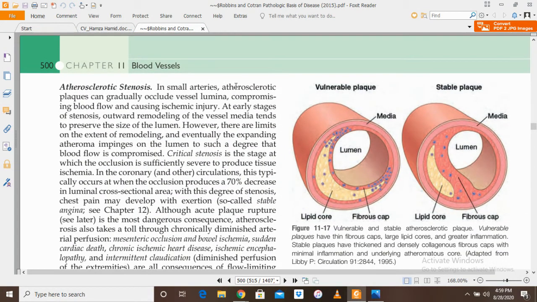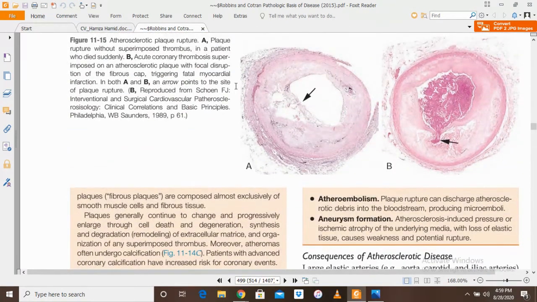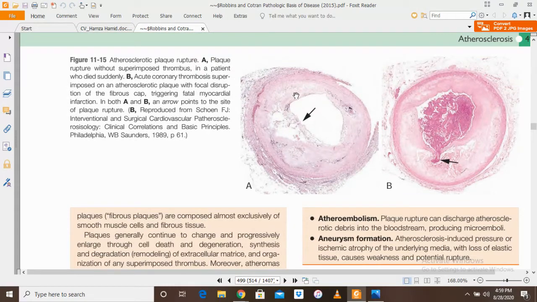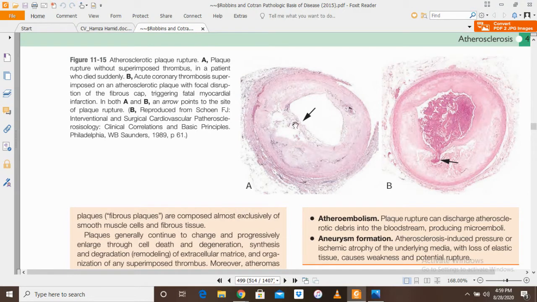So this diagram is also very important. This is the vessel wall, this is the lumen of the vessel, and this is an atheromatous plaque. A is the plaque rupture with superimposed thrombus formation in a patient who died suddenly.